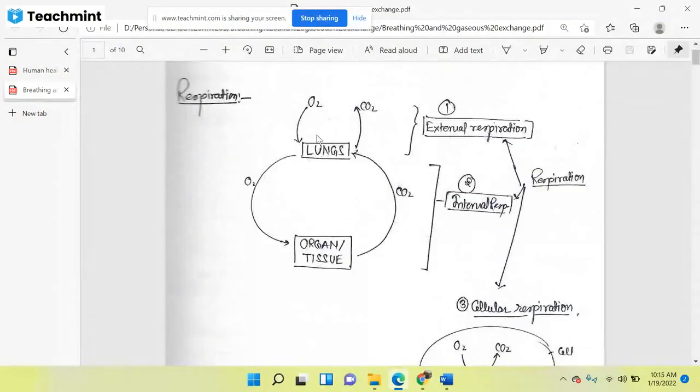Here, in the lungs, alveoli are there. In this alveoli, oxygen will be taken up and carbon dioxide will be expelled out, and this process is called external respiration.